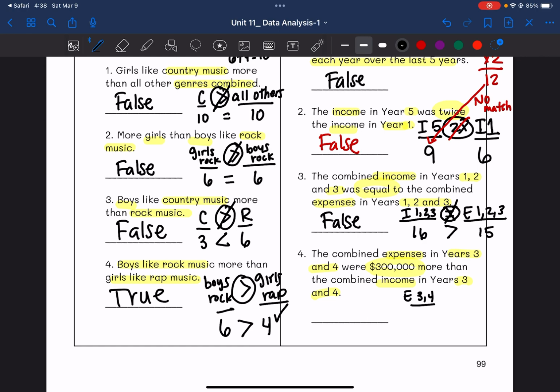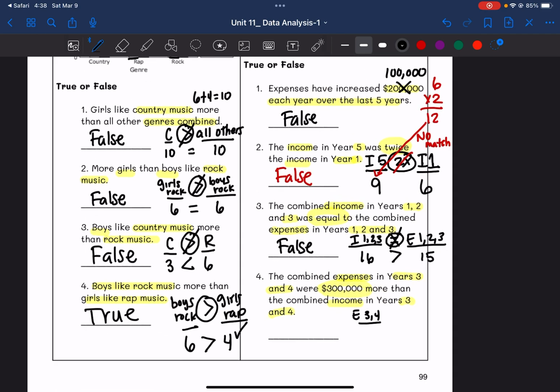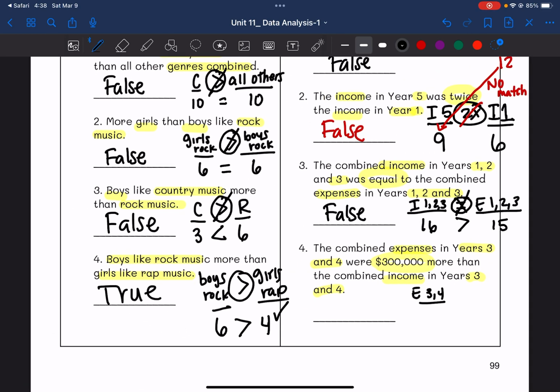So remember, on our bar graph, instead of writing 600,000, we wrote 6. So instead of writing 300,000 more, I'm going to write 3 more. And I'm going to circle that because that's the comparison. For the income of years 3 and 4. Okay, so those are the two things that I'm comparing.